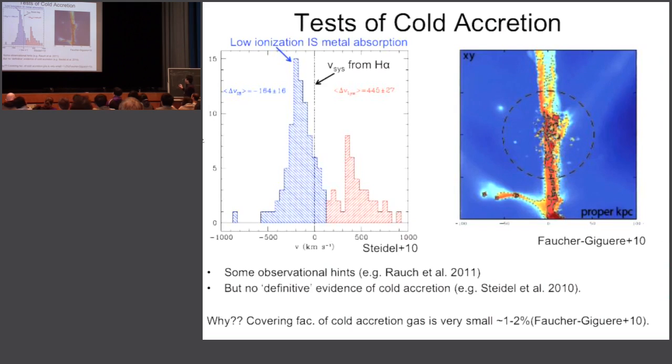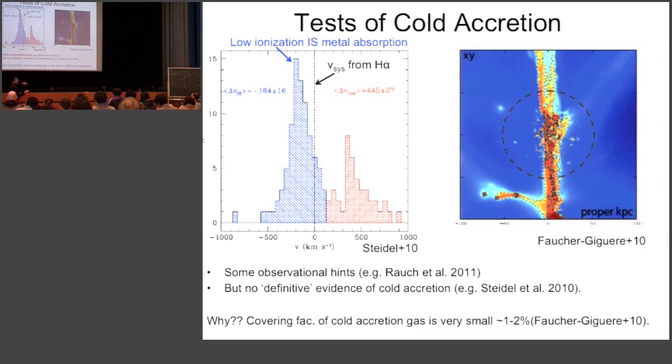But according to the other cold accretion studies, like greater than 300 kilometers per second, accretion gas is expected, but nothing in their sample. So the reason is not clear, but some theoretical studies indicate that cold accretion can be found.